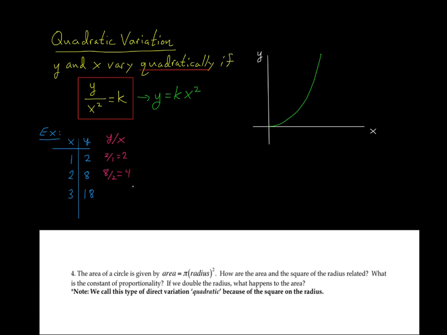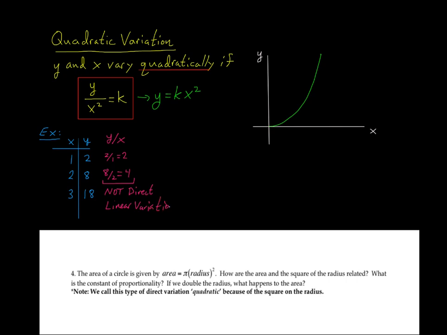That's 4. So here I notice that this ratio is not constant. So we would say that this is not direct linear variation like what we saw before.